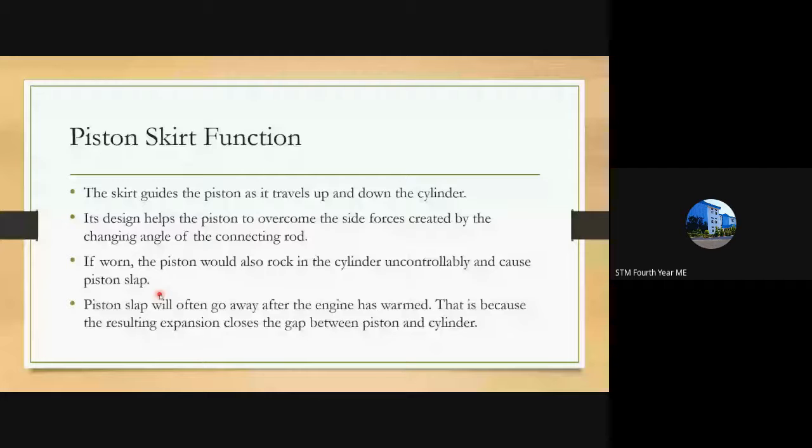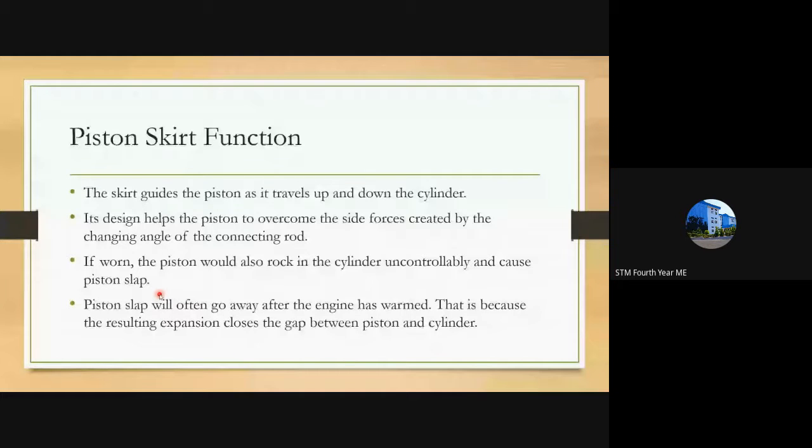Due to the changing angle movement of the connecting rod, the piston would rock or hit the sides of the walls loosely, due to the wearing. We know what slapping means: we slap at a surface and sufficient noise occurs. In the same way, the piston slaps on the surface of the cylinder wall, thereby causing piston slap.